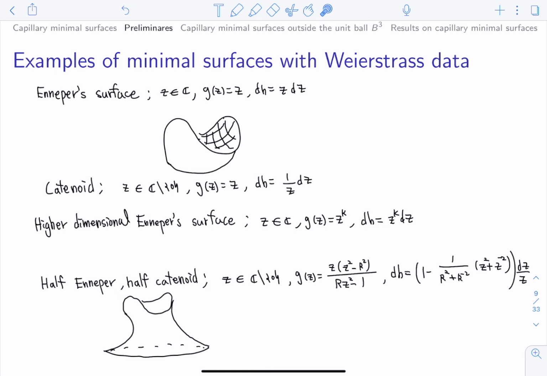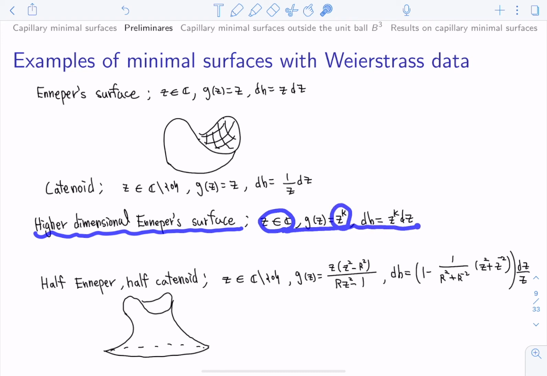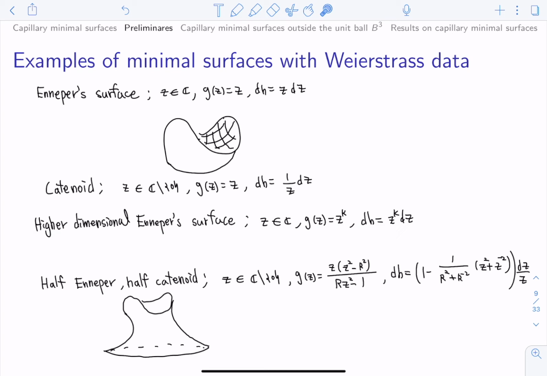And we can deform Enneper surfaces in various ways. First, we can consider the higher dimensional Enneper surface, also defined on a simply connected domain, and the Gauss map becomes z to the k, in contrast to the original Enneper surface. So it has higher multiplicity at the end.